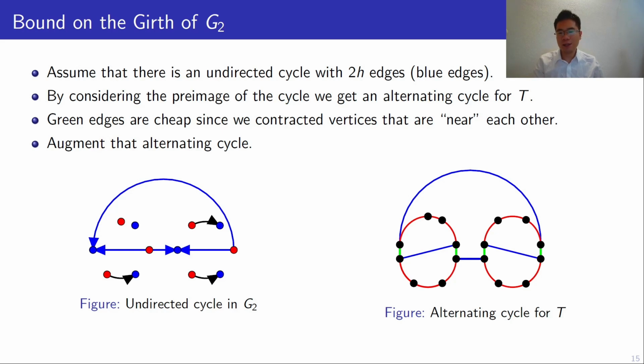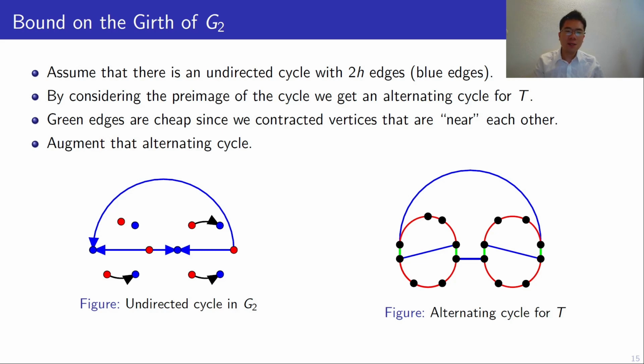An alternating cycle is just a cycle consisting of edges in T and edges not necessarily in T. In our case, precisely, the blue edges are in T and the green edges are not necessarily in T, and they alternate.